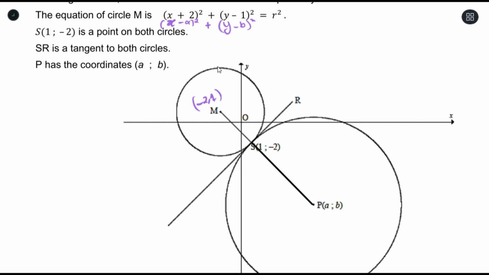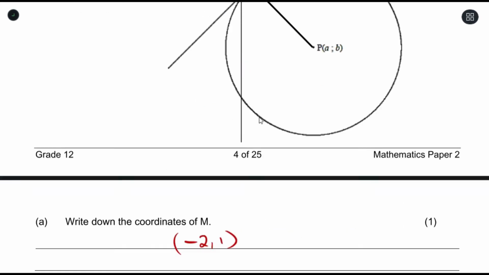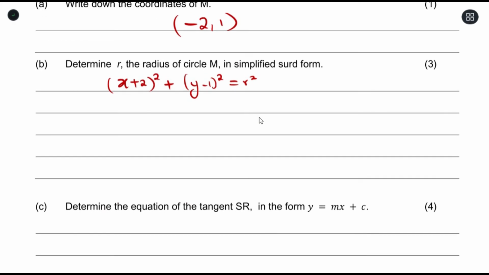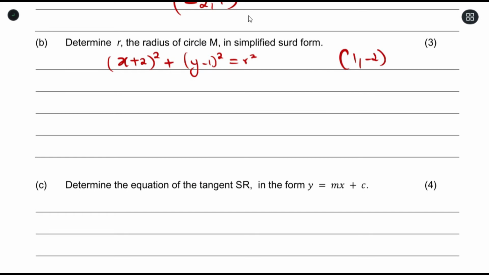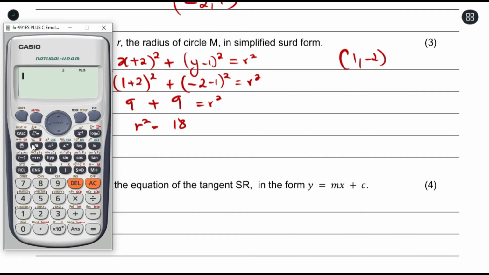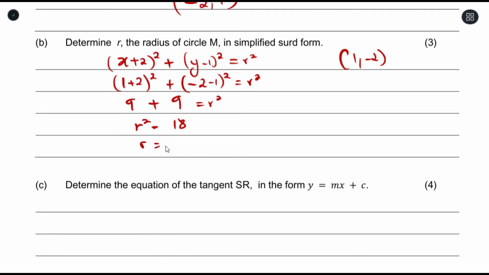Since the coordinate is on the small circle, we can substitute it into our equation and it will help us get r. To get r, we just need to square root it. So the square root of 18 gives you 3 root 2. So we can say our radius is 3 root 2 units.